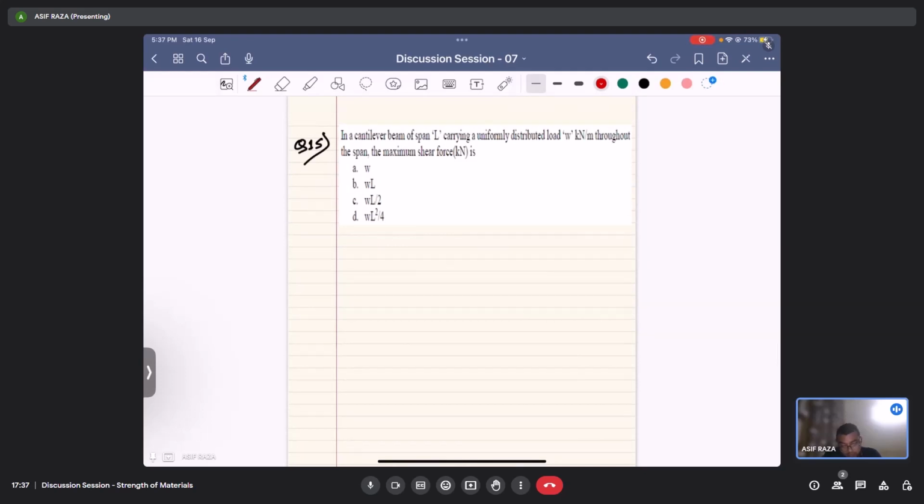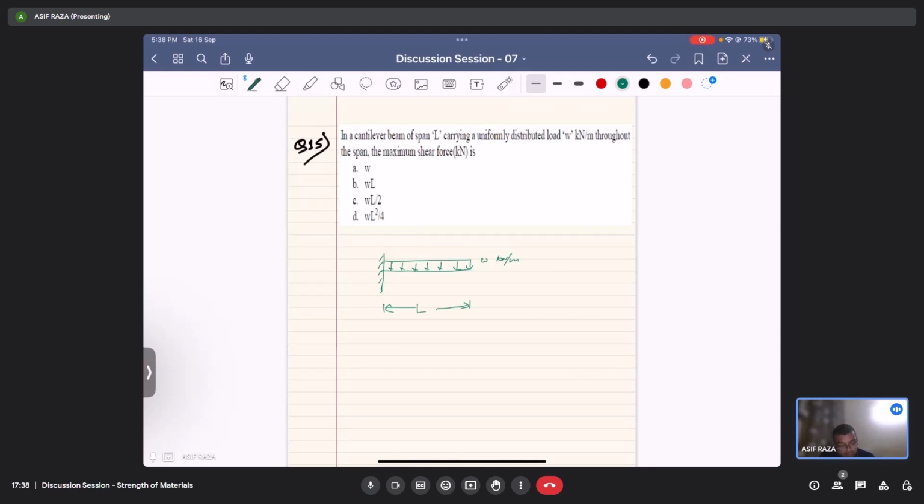In a cantilever beam of span L carrying a uniformly distributed load W kilonewton per meter throughout the span, the maximum shear force is. So let us draw this first. A cantilever beam of span L is carrying a uniformly distributed load W kilonewton per meter throughout the span.